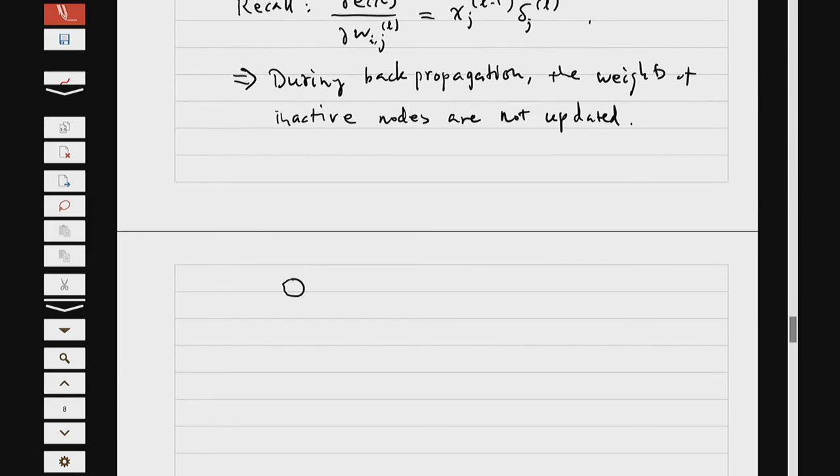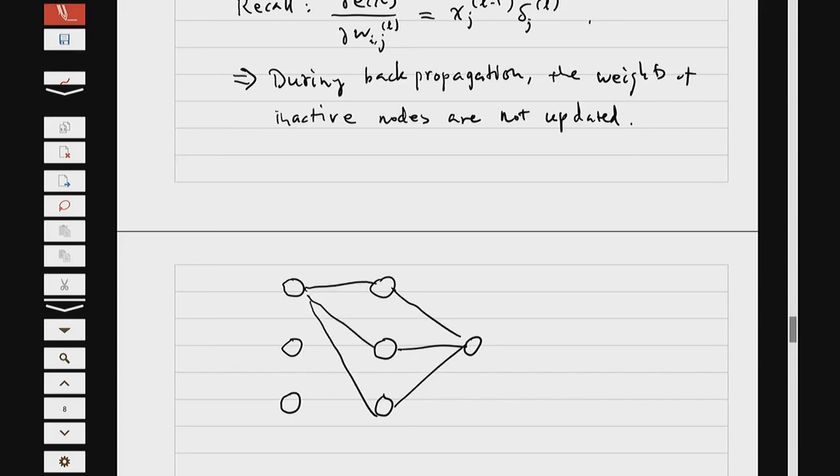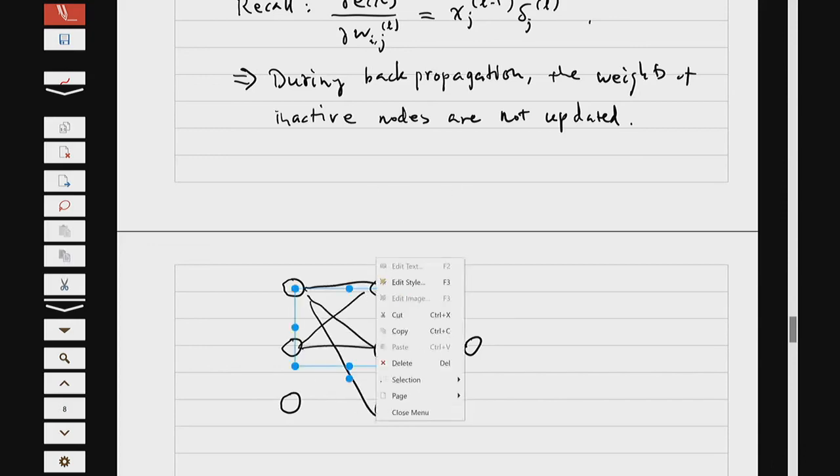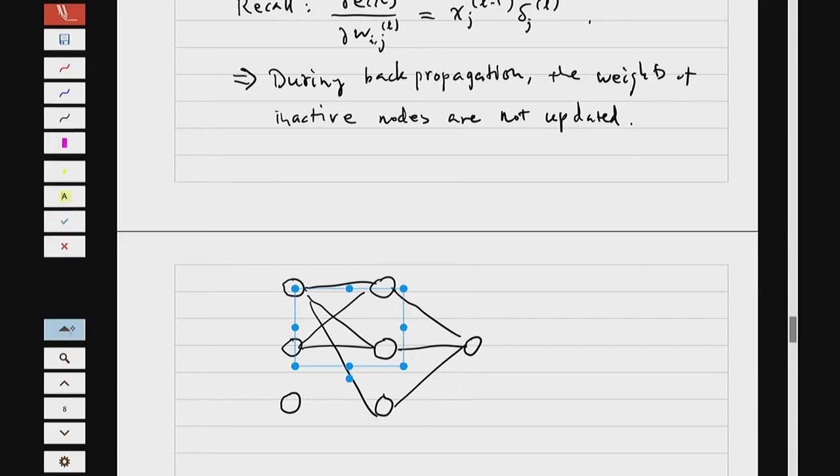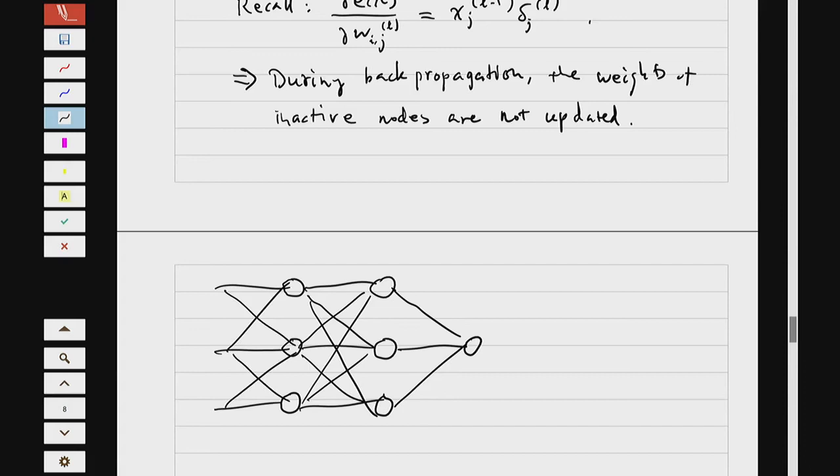So suppose originally you have a 3-layer neural network that looks like this, slightly more complicated than what we have seen so far. Maybe fully connected like this. And you decide to, well, in this particular pass of the SGD, I'm going to inactivate these two, get rid of them, okay?